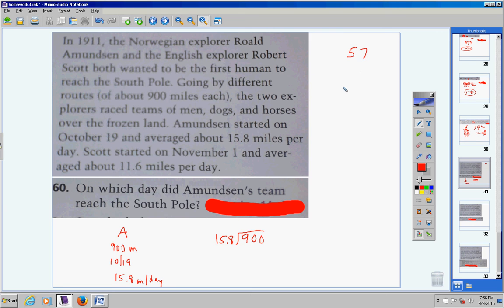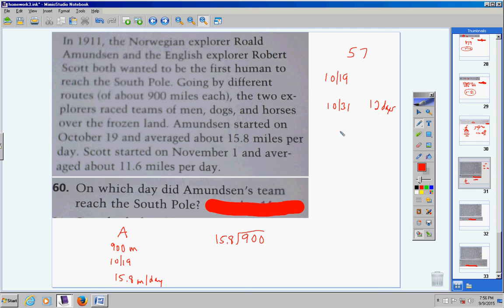Okay, now let's think this through, guys. We're in October, so October has 31 days. So let's see. He started on October 19th, and on October 31st, that's 12 days. Okay, we have to get to 57 days.